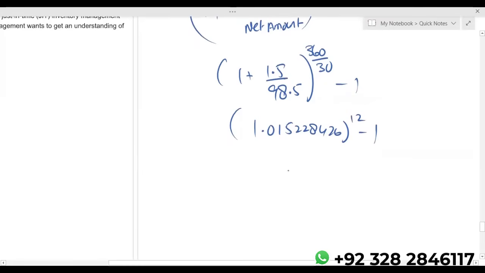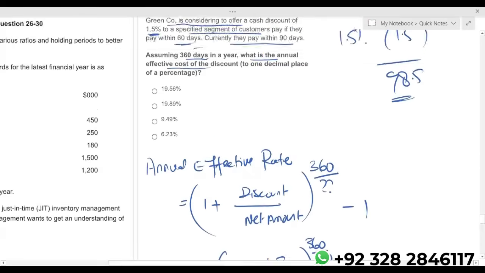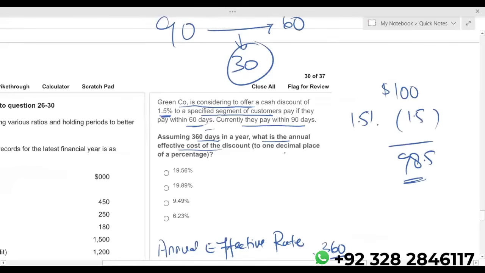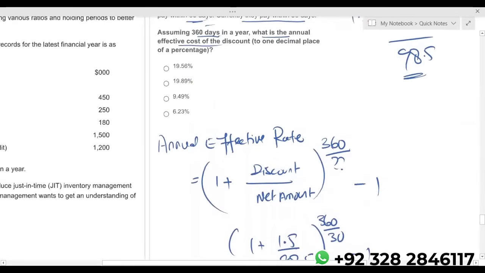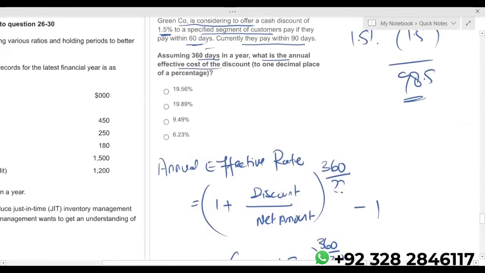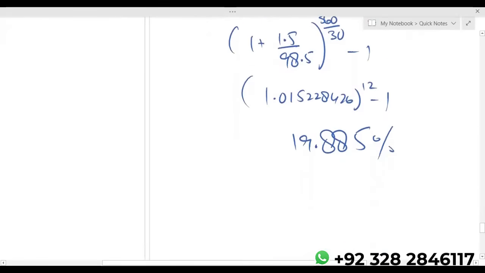I'm getting 19.885%. Let's see, they're asking us for one decimal place. Which one is correct? To one decimal place of a percentage. So 19.885, make it 19.89%.